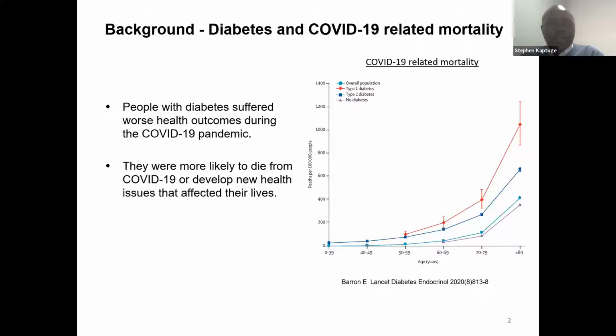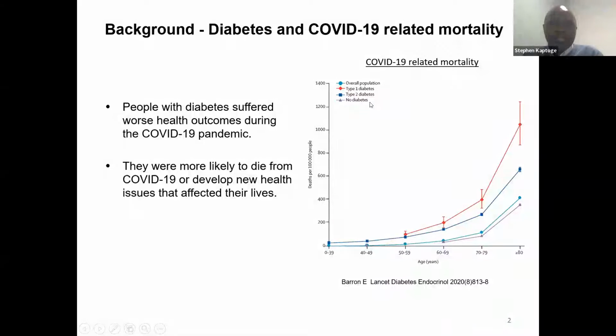We come from the background that it is now very clear that people with diabetes have had worse outcomes during the COVID-19 pandemic. Clearly, from this national diabetes audit initial data, we can see that there is excess risk of mortality, first of all by type, and also that the differences might be increasing by age.